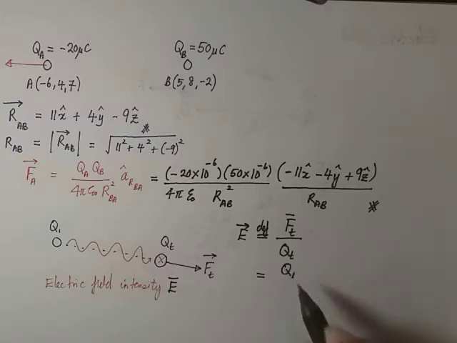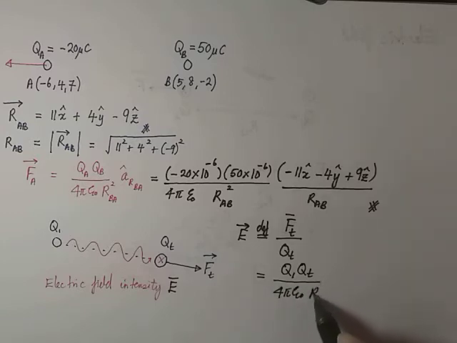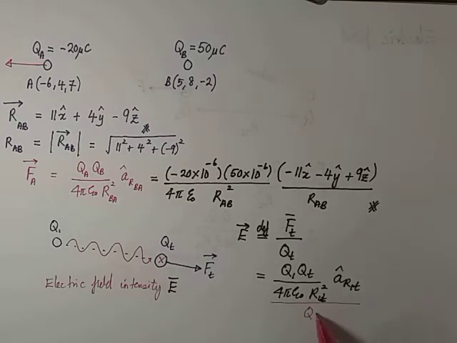Q1 Qt divided by 4 pi epsilon naught R1T squared, times the unit vector aR1T, and then everything here you must divide by our Qt.